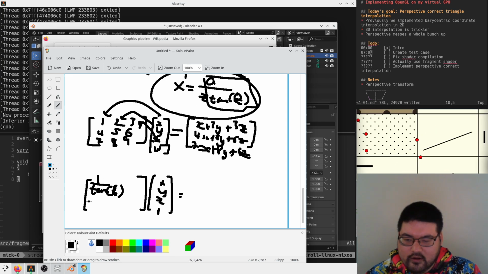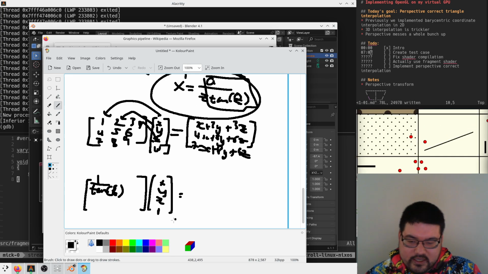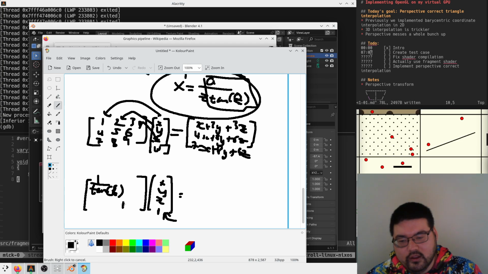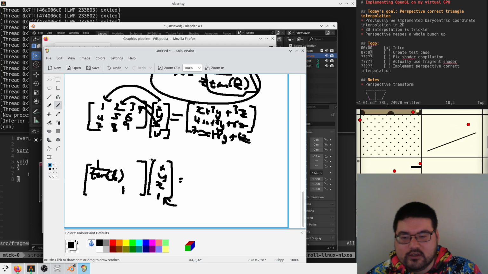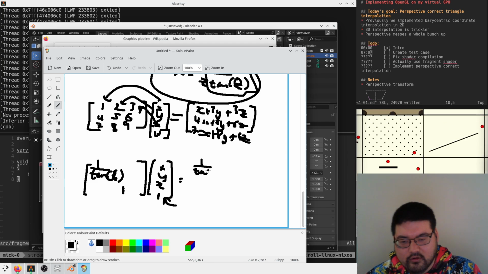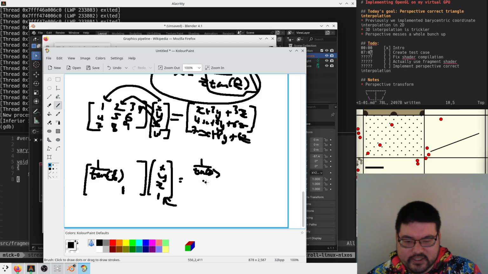The trick here is that since this last element is a divisor, you can put 1 down here, and it means that you'll get your 1 over tan theta here, right? Then we'll get some other stuff.